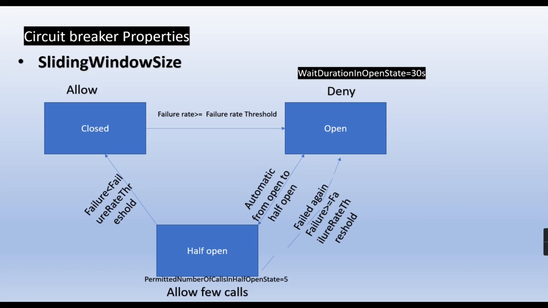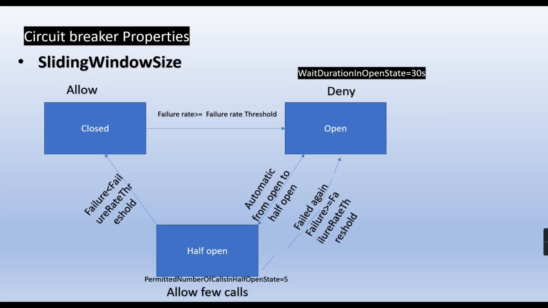So here, closed state is there, as long as 100 calls are allowed and getting successful. But when the service becomes open state, that means 100 calls per second we are setting.